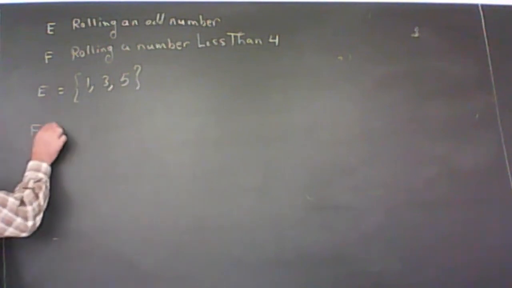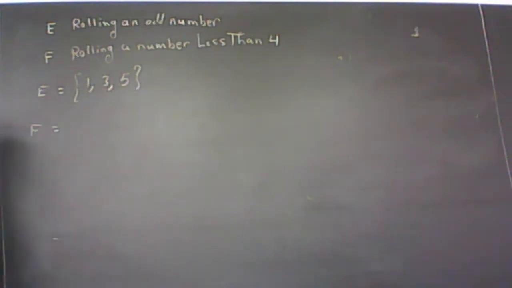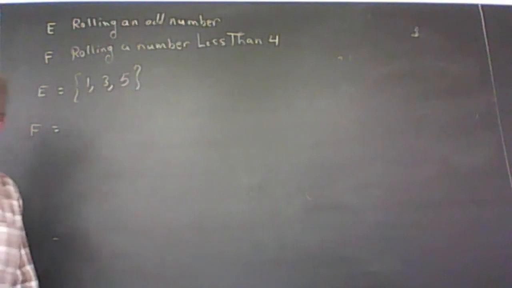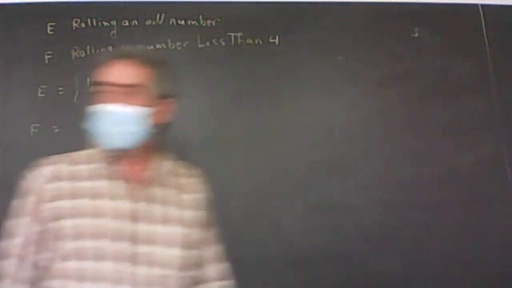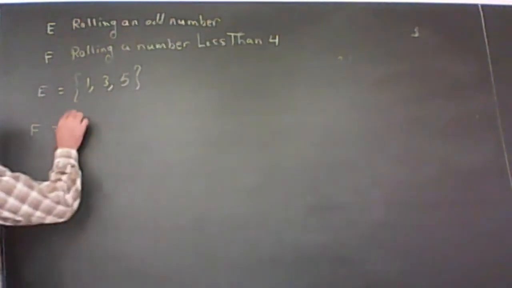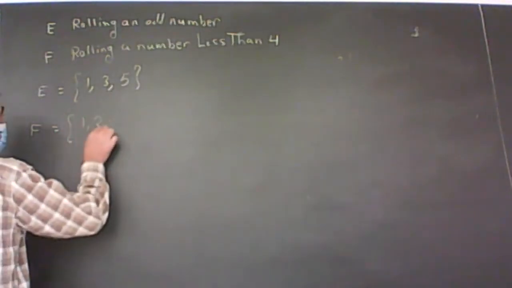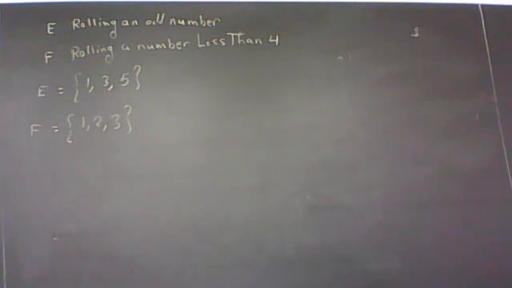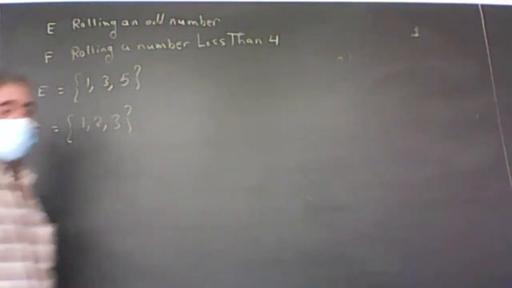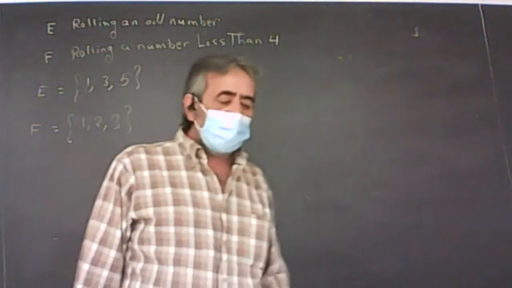Event F would be the set of all numbers on the die that are less than 4. So in this case, F is 1, 2, and 3.